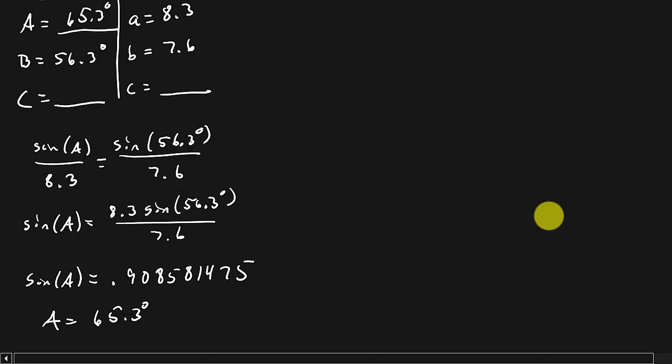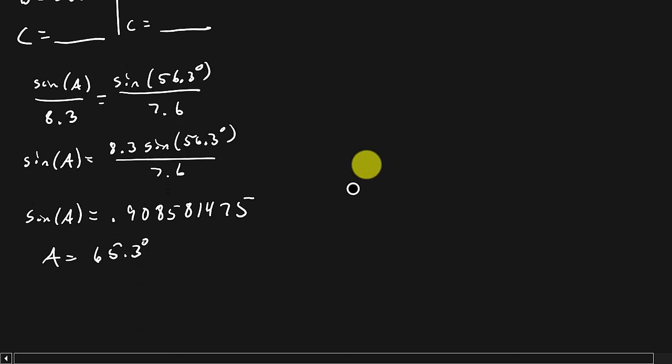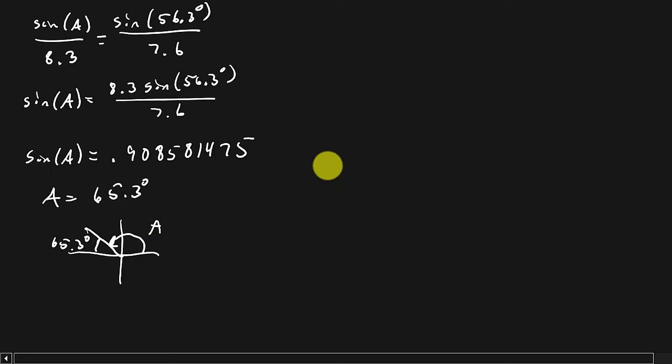Well, it's all important. But notice here we've got sine A is equal to a positive number. Well, this angle we found is in the first quadrant, but sine is also positive in the second quadrant. And so we're using the 65.3 as our reference angle. We also have to see if this angle works here.